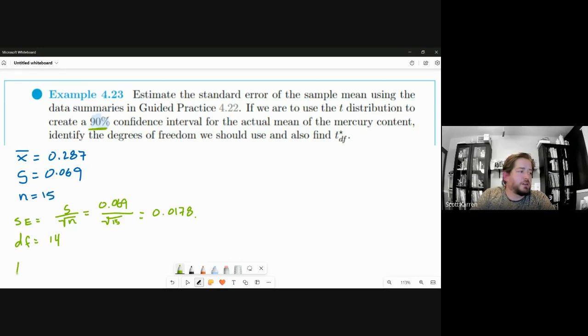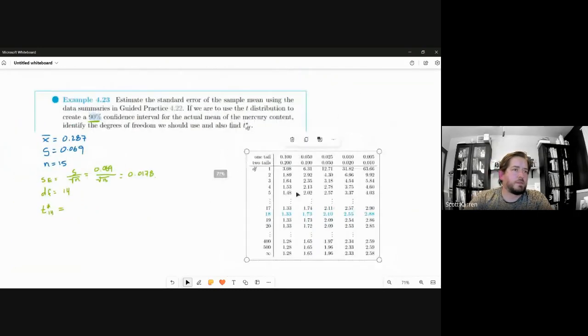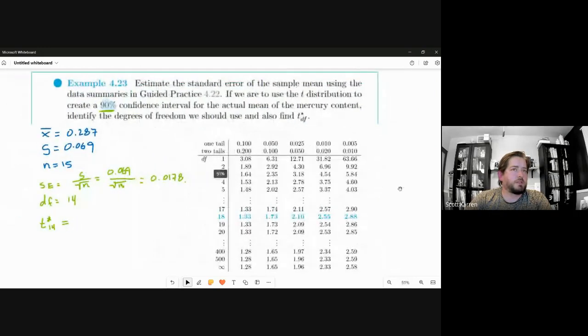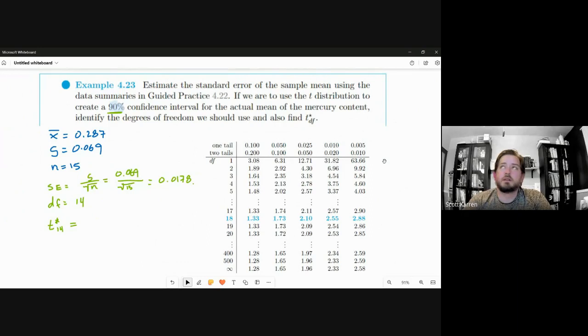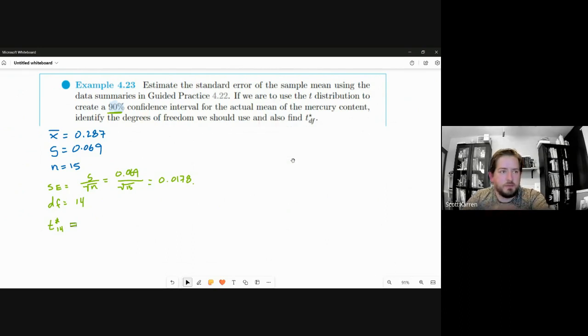So if I go to find t star, it's t star sub 14, where the star corresponds to 90%. 14 is not on this chart, so let me find the actual t chart in the back of the book.